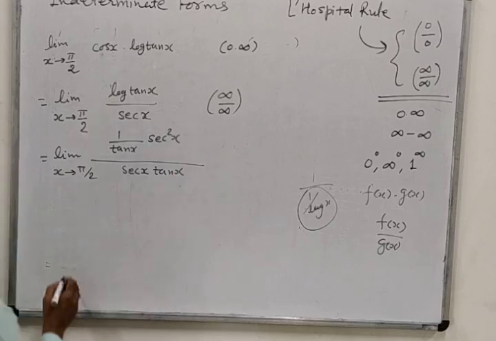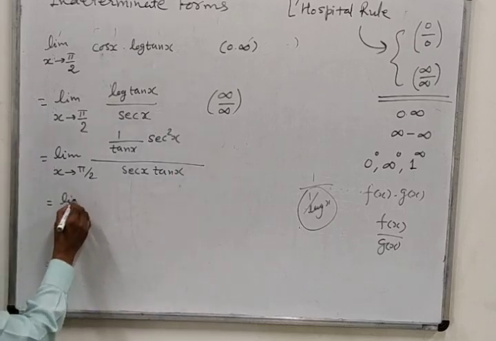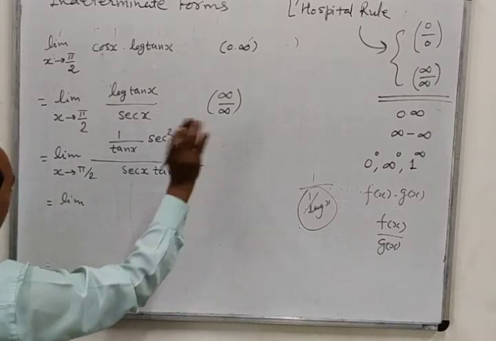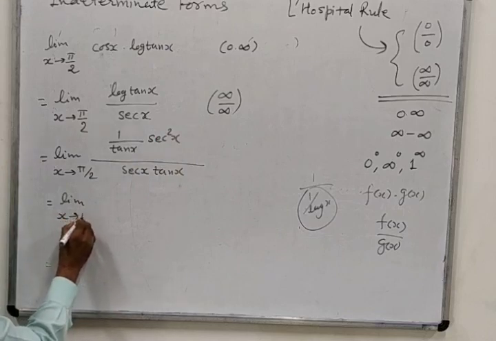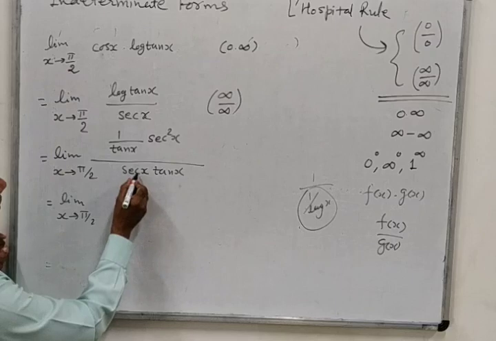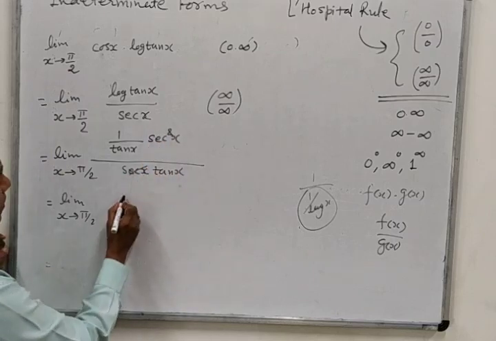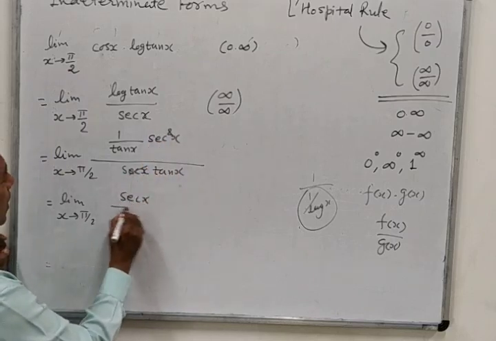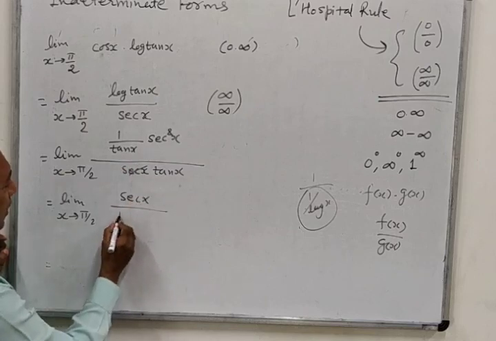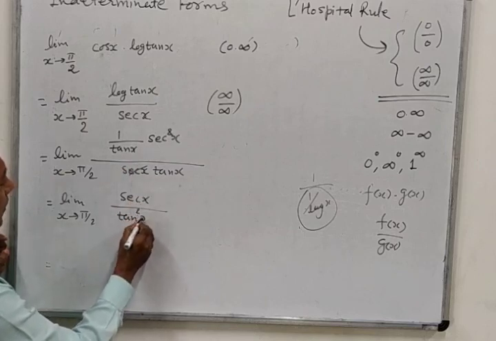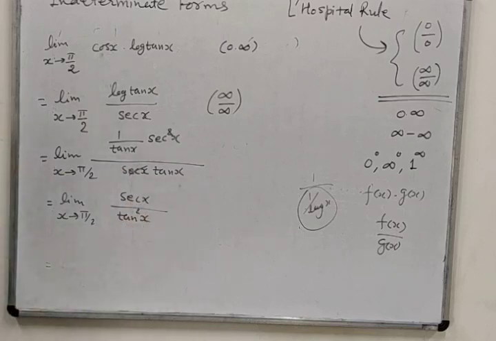Now let us just simplify. We will not check the form, because we will put this functional form into simplified form. So one sec x will be cancelled over here. Here it will remain sec x, divided by 10x into 10x, that means 10 square x. Now let us check this form.